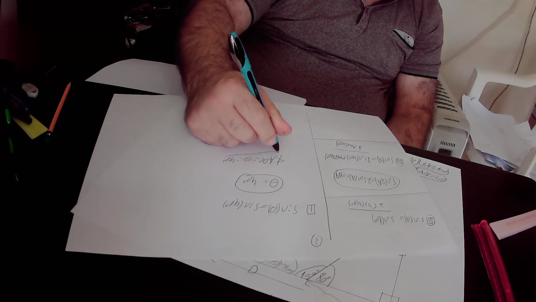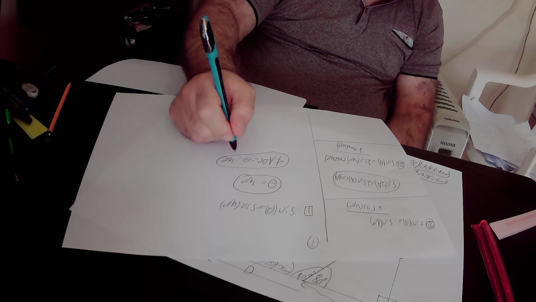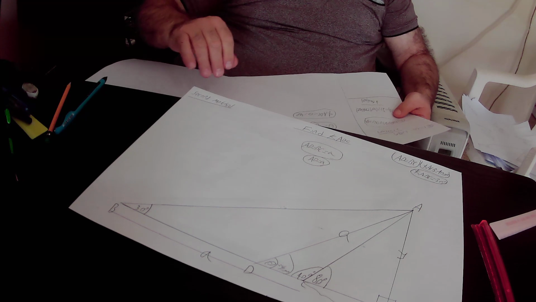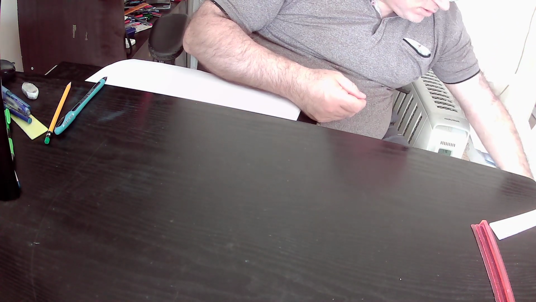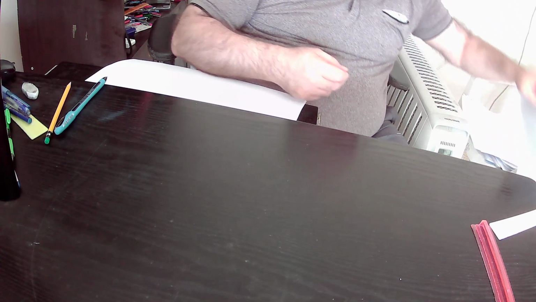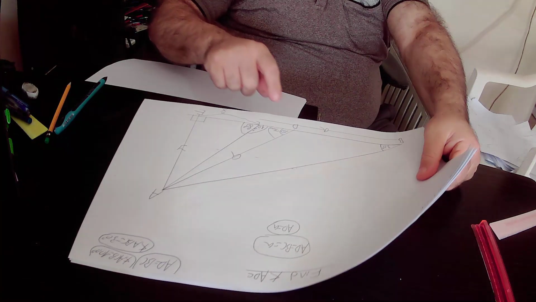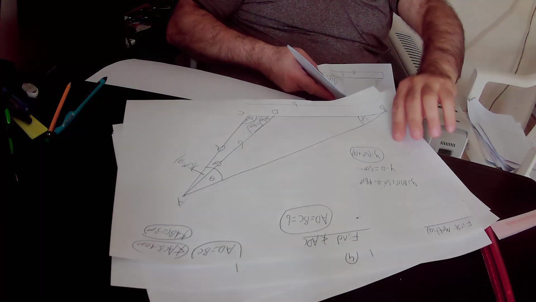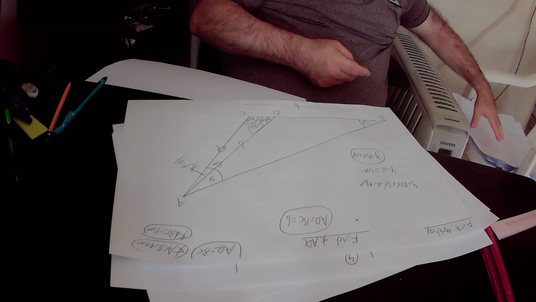So angle ADC equals 40 degrees in both methods. Now I will summarize the lecture. Actually, we wanted to find out the value of this angle ADC. We found the value of angle ADC in 2 different methods.